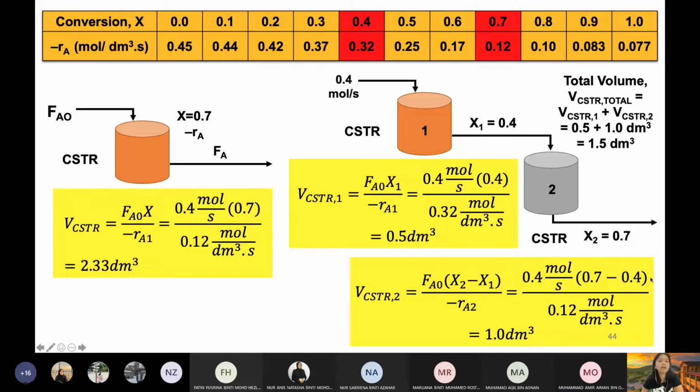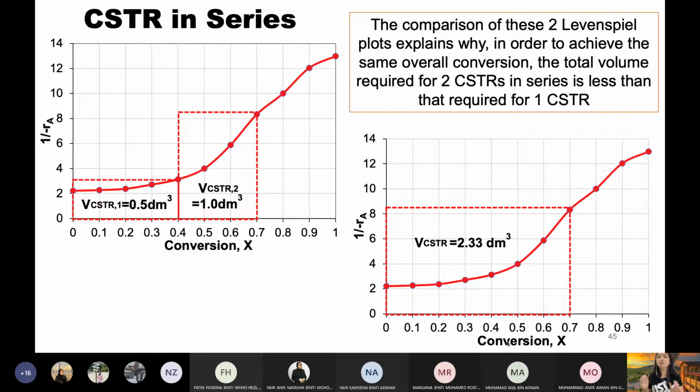So 0.7 minus 0.4 divided by minus RA at X2. So pada 0.7, your X2, your minus RA is 0.12. So you divide by 0.12, you get the volume as 1 dm cube. Maksudnya, untuk reaktor kedua, volume reaktor yang kamu perlukan adalah sebenarnya 1 dm cube if you want to convert from 40% to 70%. Okay. Now, this is something that is very interesting.